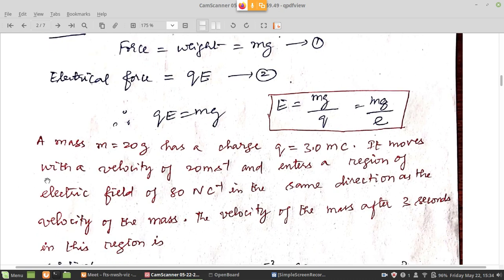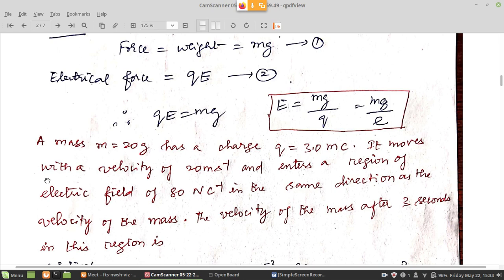A mass of 20 grams has a charge of 3 millicoulomb. So mass and charge are given. It moves with a velocity of 20 meters per second and enters a region of electric field 80 newtons per coulomb in the same direction as the velocity of the mass. The velocity of the mass after 3 seconds in this region is how much? So what is the question here?